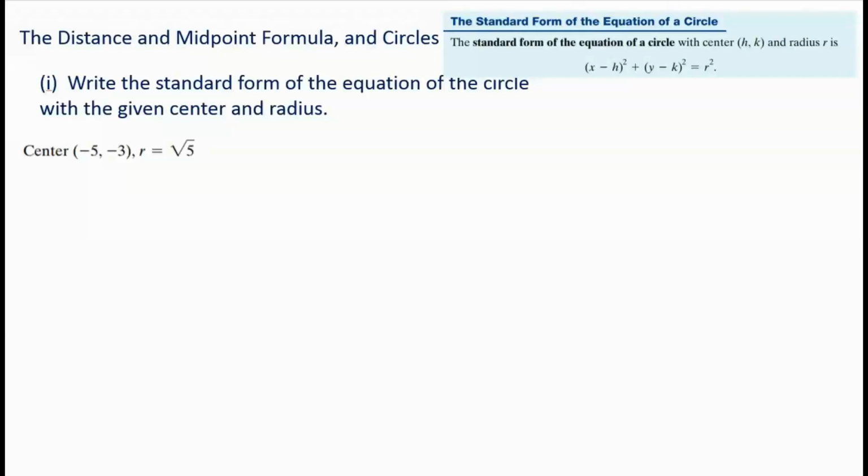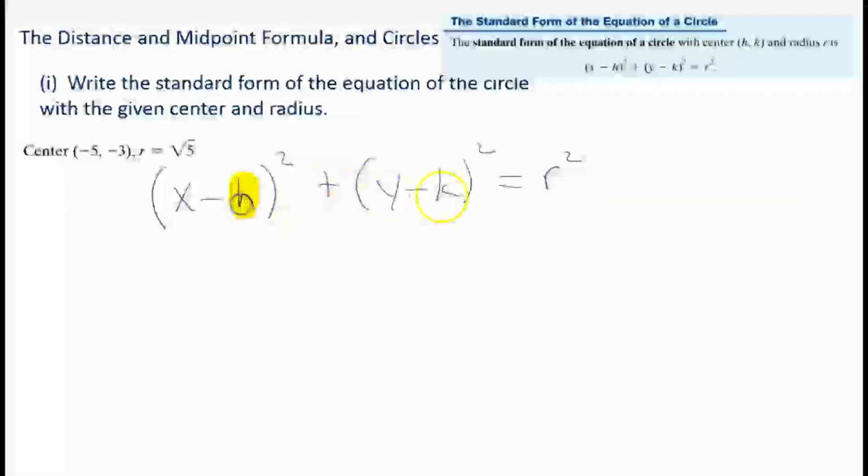So it says write the standard form of the equation of the circle with the given center and radius. So once again, I'm going to write out the formula: x minus h squared plus y minus k squared is equal to r squared. And I'm only substituting in for h, k, and r.